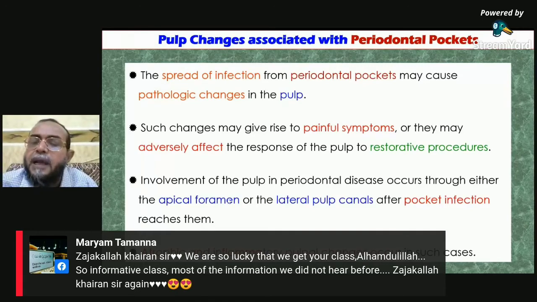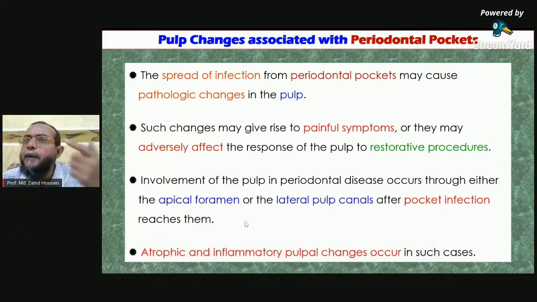Pulp hyperemia is very common. Also, if there is any accessory canal opening in the periodontal pocket, bacteria can easily pass through it. This condition may produce atrophic and inflammatory pulpal changes. So there are three ways for bacteria to enter the pulp from a periodontal pocket. One, if there is a cemental tear and the dentinal tubules are open, bacteria can pass through.